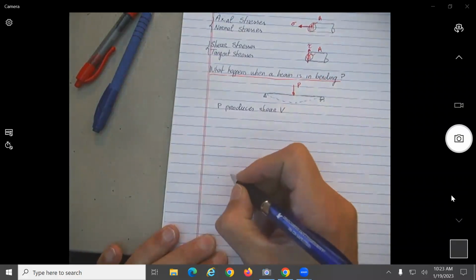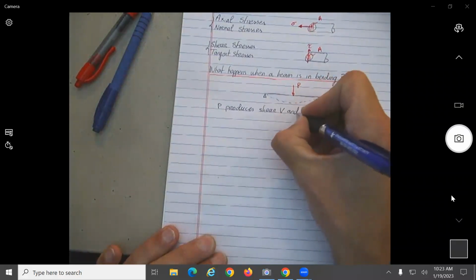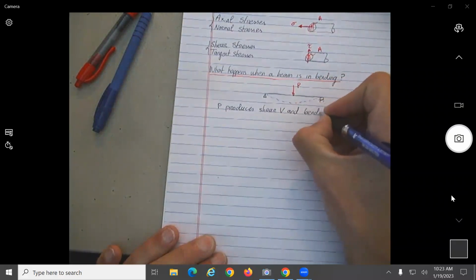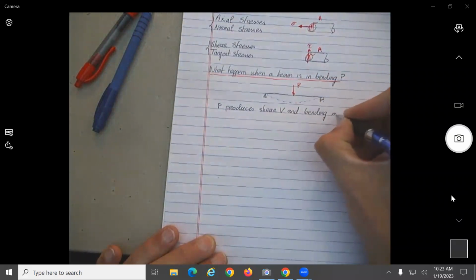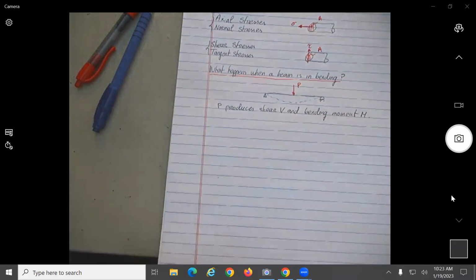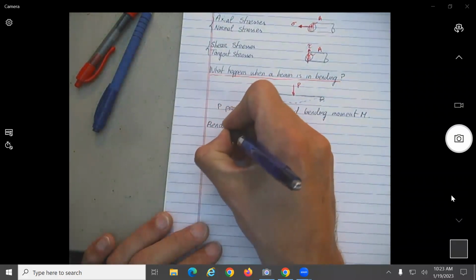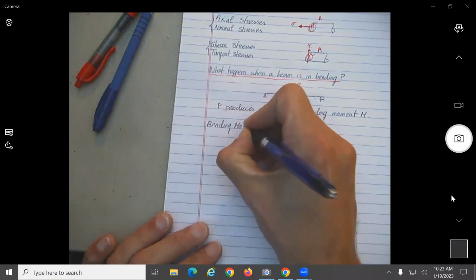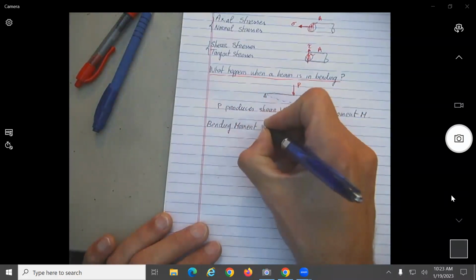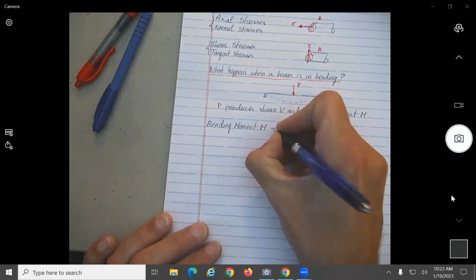Shear V. And bending moment, M. Okay? So what is the bending moment going to do? That one is going to induce what?